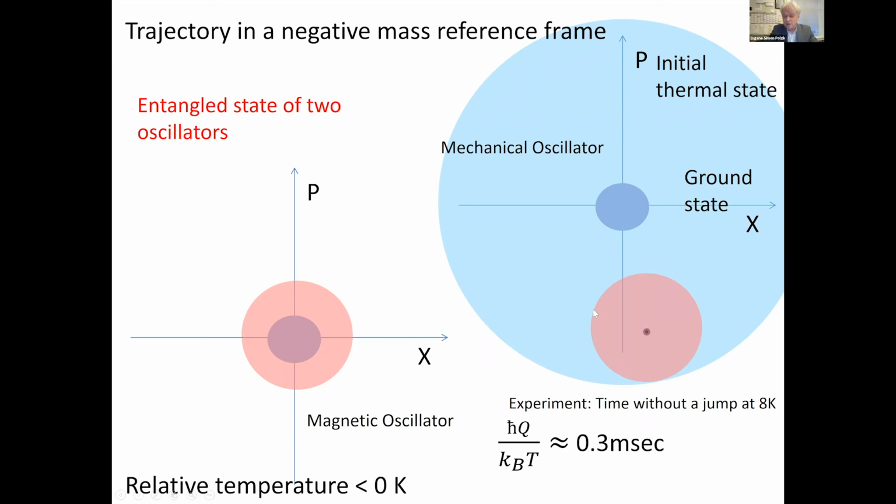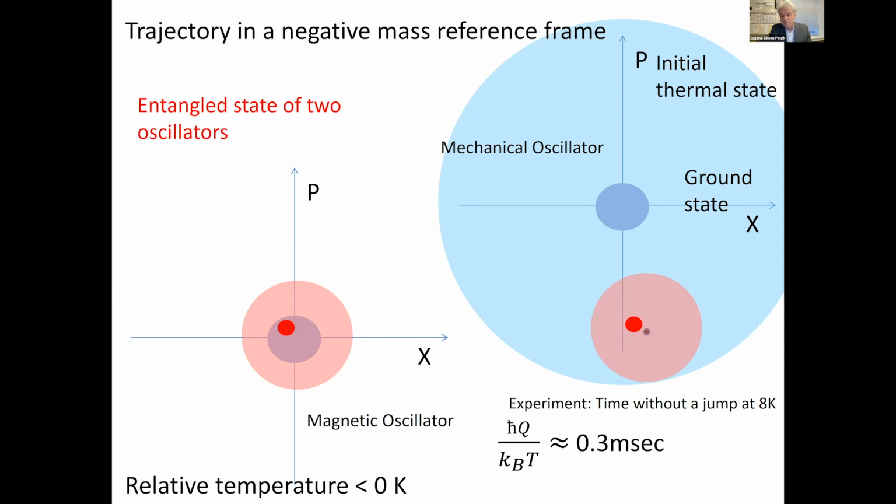And if I measure on those two, I have the uncertainty which is dominated by the quantum backaction. So this is the quantum backaction that I've shown you for the mechanical oscillator. This is the quantum backaction that I've shown you for the magnetic oscillator. An entangled state would mean that within those two uncertainties, the states can be anywhere, but they're always such that they are completely correlated.